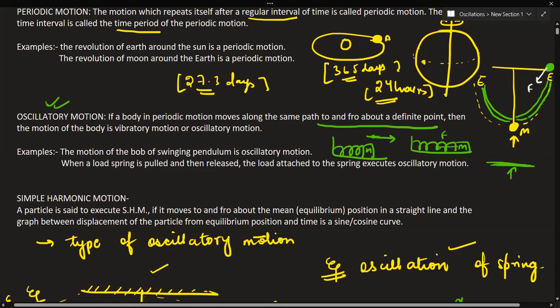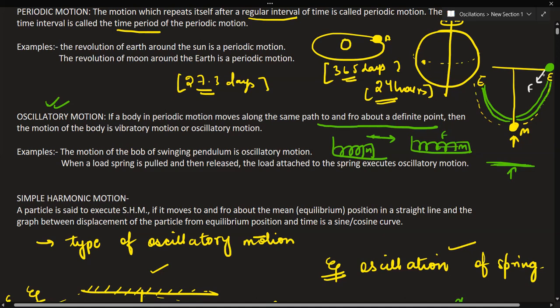Like in case of a spring, if I say the bob is at this extreme position, what will happen? The gravitational force will try to bring it back down to the ground, to its mean position. So various types of forces will do the work of this restoring force. So this restoring force brings it back.